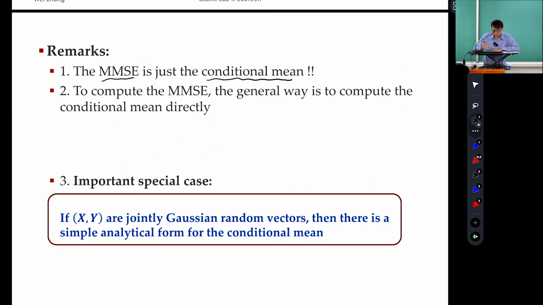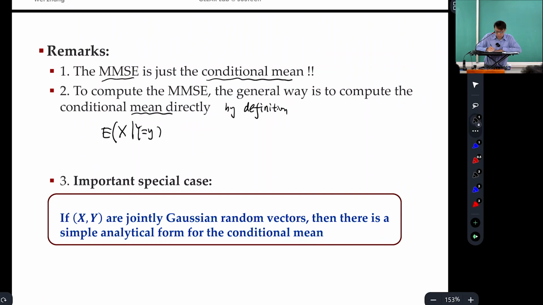The most general way to compute the conditional mean is by definition, of course. We can know the conditional density for sure. So the expectation of x given capital Y equal to small y. We just need to compute this now, all right? If you think about estimation, all it boils down to is just the computation of conditional expectation.